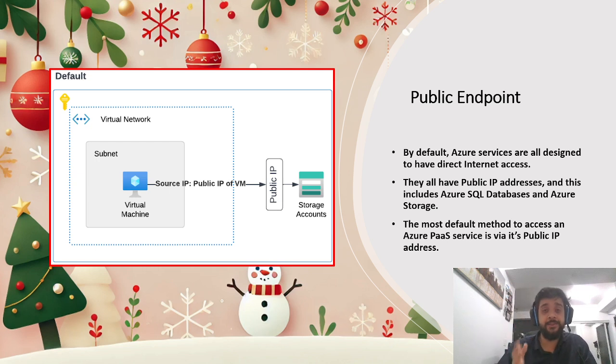Similarly, Azure PaaS services, so platform as a service resources like storage accounts, SQL servers and DBs, data factories, Synapse, all of them also have public IPs. They're globally available resources, right? So this is very standard: you set up a VM, and you have a storage account. If the VM has a public IP, it's going to be able to pull anything from the storage account, given the fact that the storage account is enabled for public access.